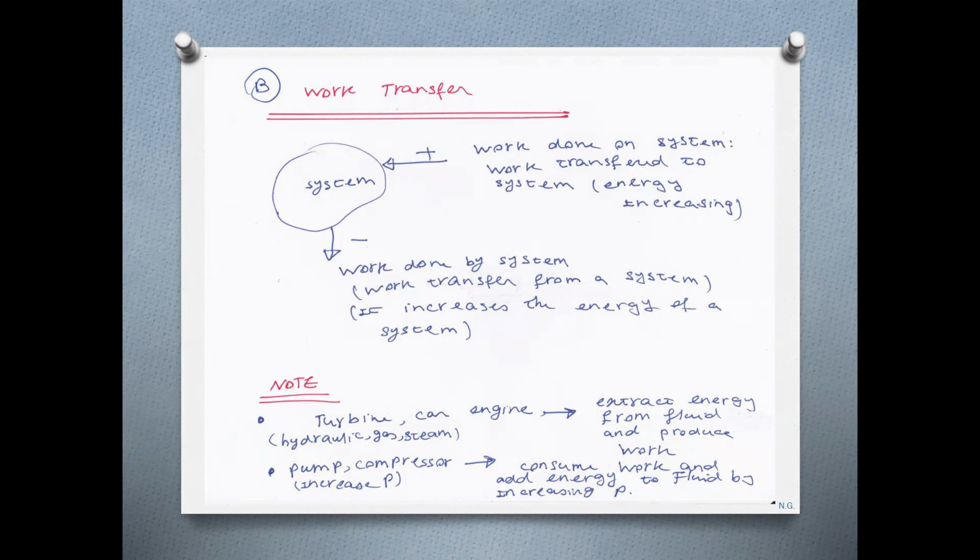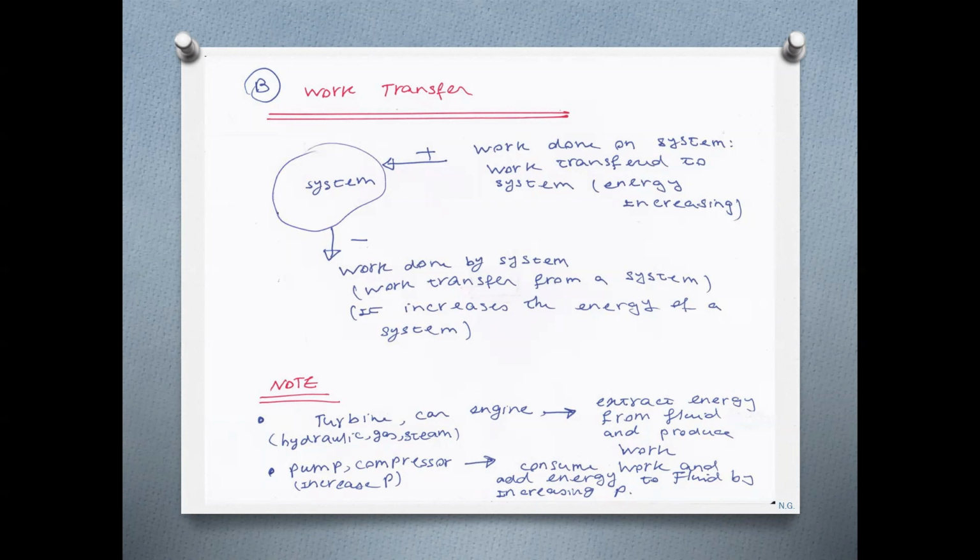It can be through heat, which we just explained. It can be through work, which we want to talk about. It can be through mass if the system is open.